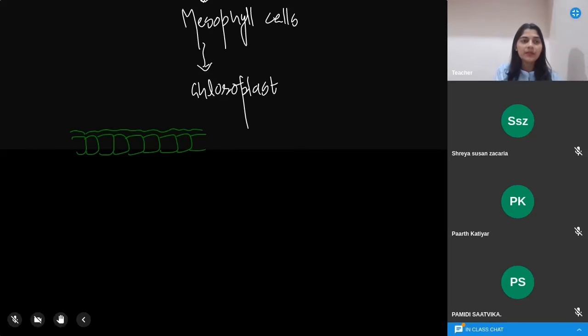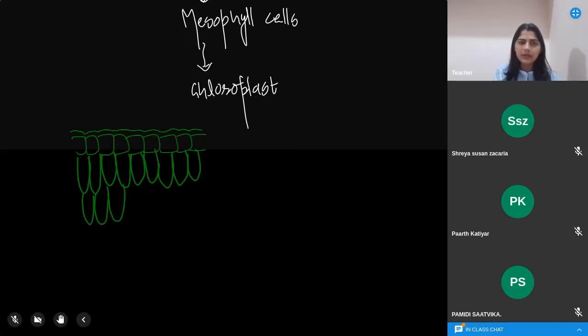This is the upper epidermis. Now below this is present the mesophyll layer, having the mesophyll cells. Mesophyll cells are of two types here. That is the palisade, the elongated ones which I just have made, and the spongy one. Why spongy? Because they have gaps in between them.